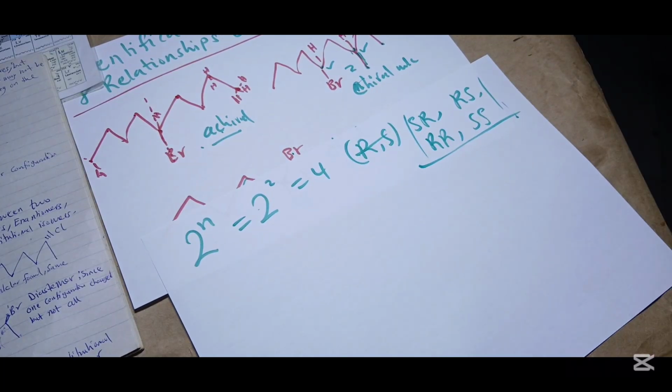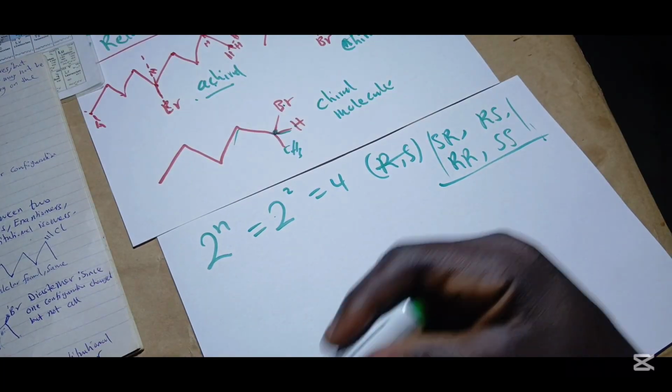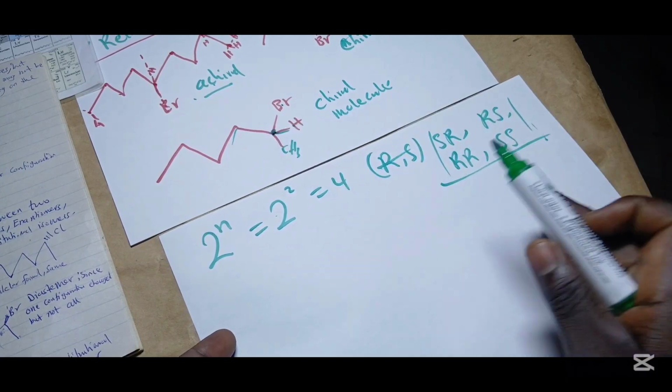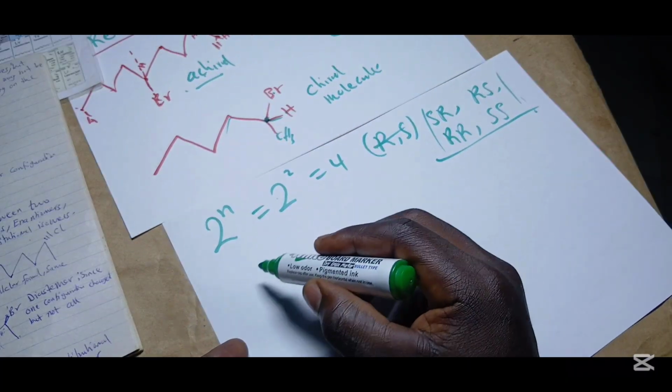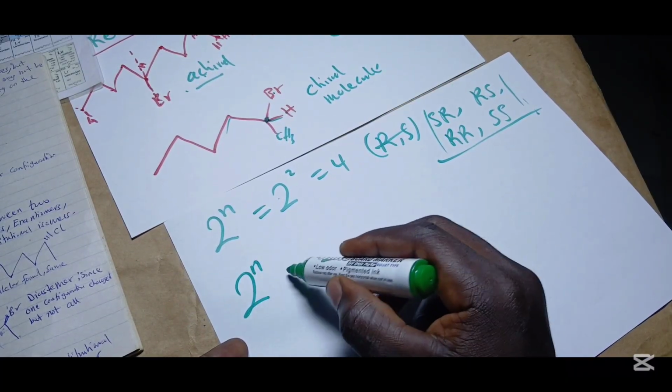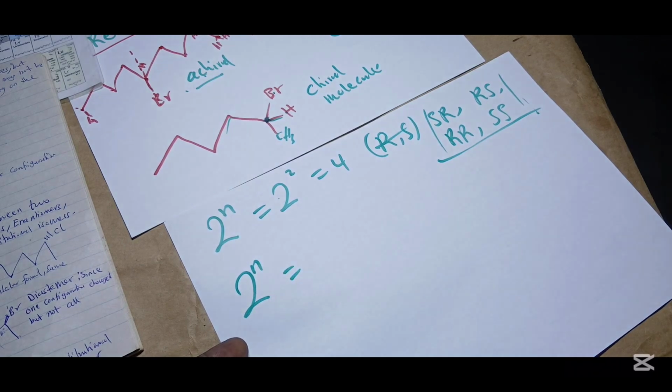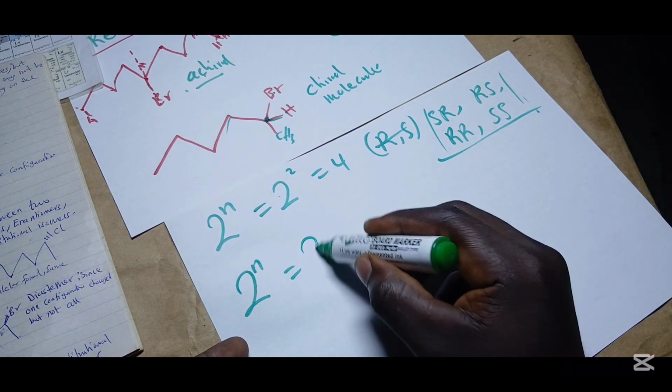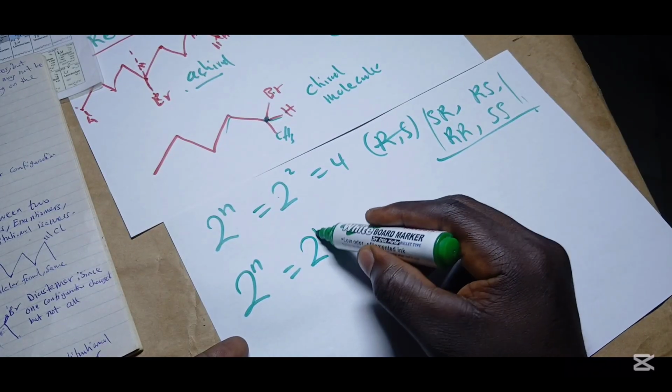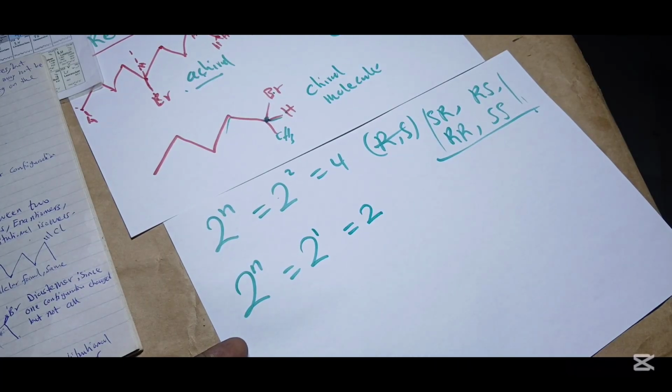That is another thing you should know. For this molecule here, it has 1 chiral center. To determine the number of possible stereoisomers is 2 to the power n, where n equals the total number of chiral centers in the molecule. So here we have 1, so it's going to give us 2.